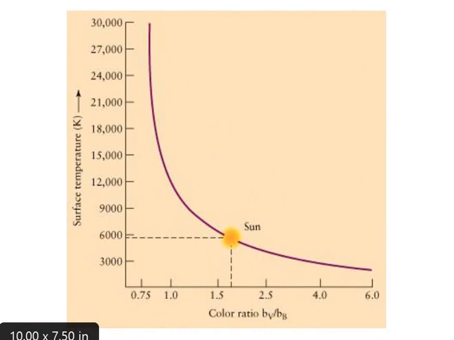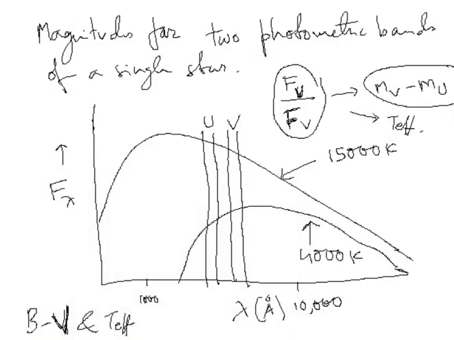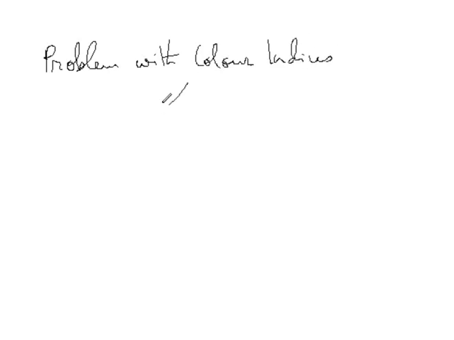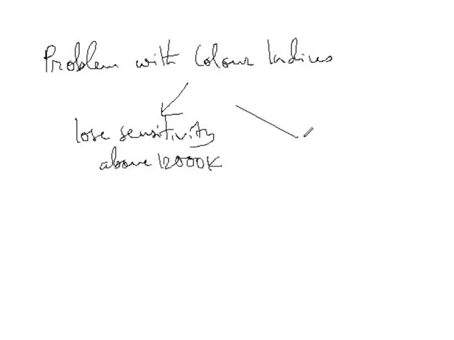Now as I was just saying, there is another problem with the colors, and that is the dust. So the problems with color indices: one is we lose sensitivity above say 12,000 Kelvin, and another is the dust.